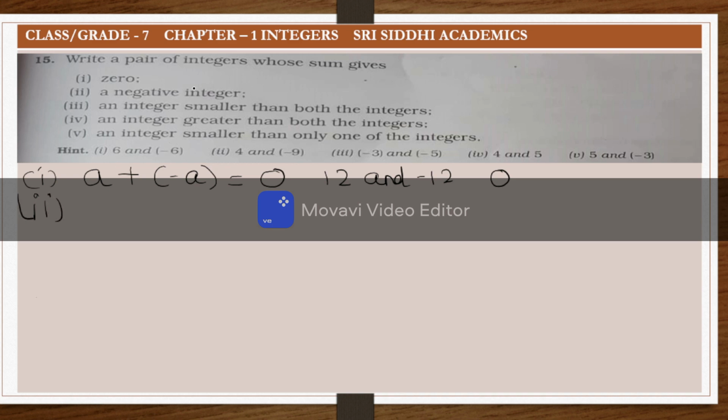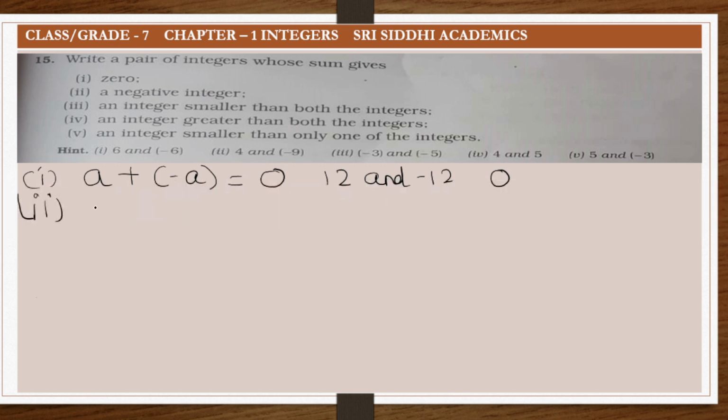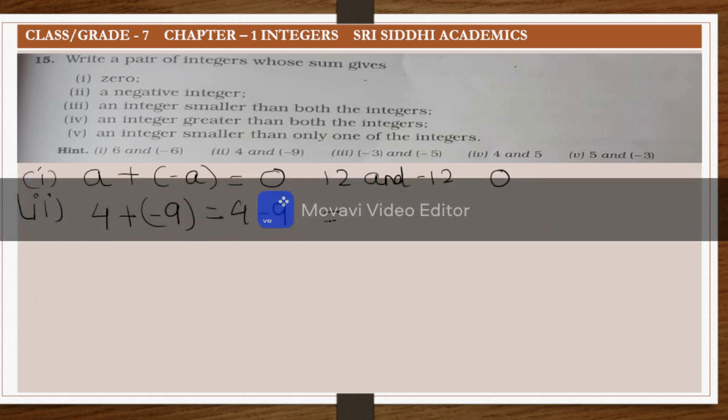Now write a pair of integers whose sum gives a negative integer. And here the option given is 4 and minus 9, which is okay. If you take 4 and minus 9 and try to find their sum, it will be 4 minus 9 when we remove the bracket. So different signs means we'll do subtraction, 5, and the answer will be negative because minus 9 is a bigger value.